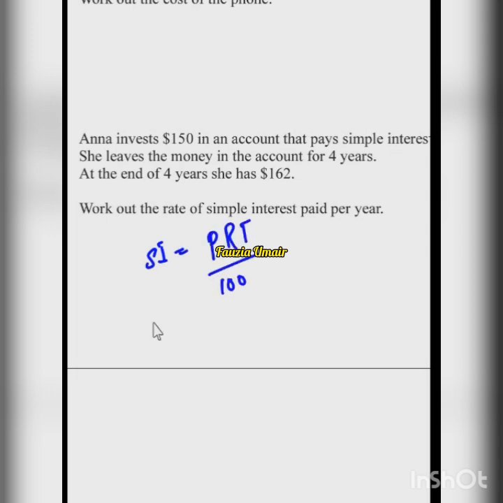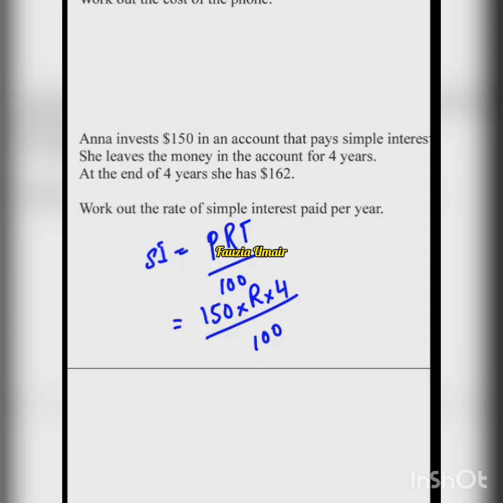So this time simple interest is not given to you. I have a question here. Principal amount is $150. Rate is unknown, so we will keep it in the formula. Time is 4 years and there is 100 here. So what is SI? What is the simple interest in this question?